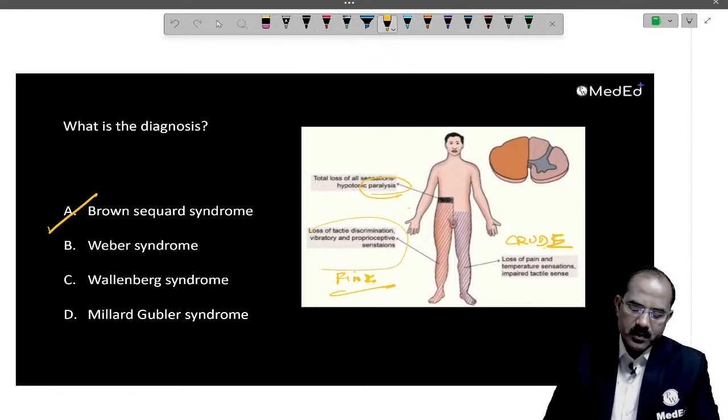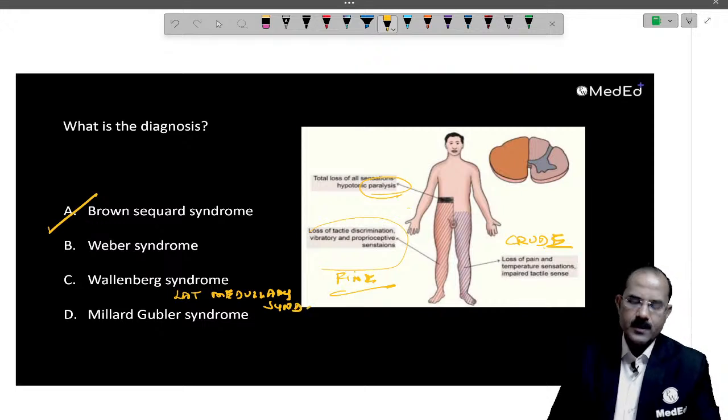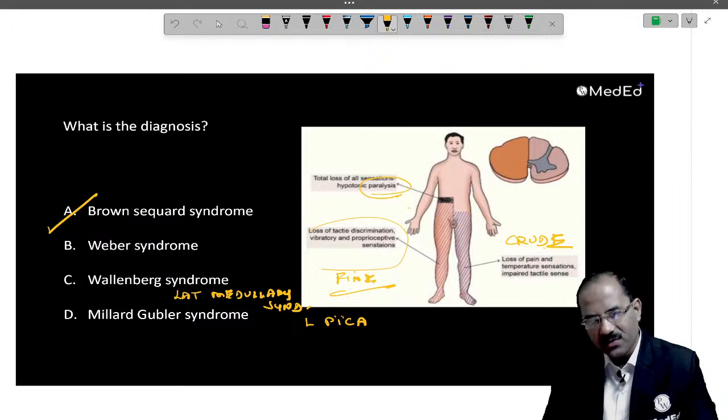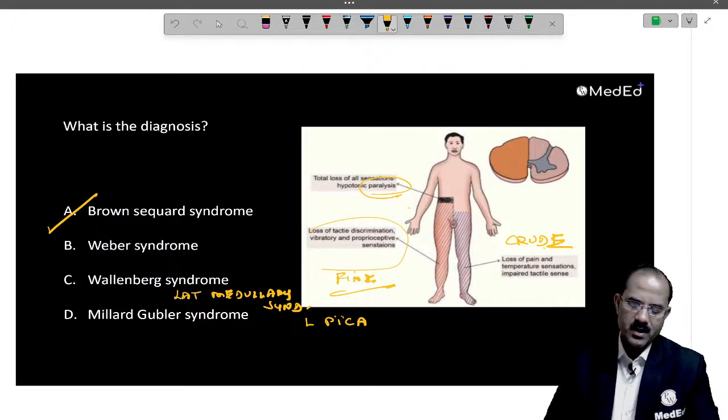Wallenberg syndrome is lateral medullary syndrome. Thrombosis of PICA, the posterior inferior cerebellar artery, leads to lateral medullary syndrome or Wallenberg syndrome.